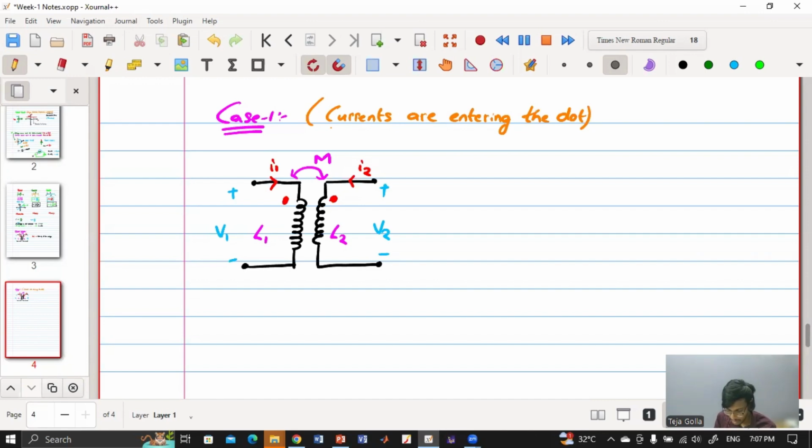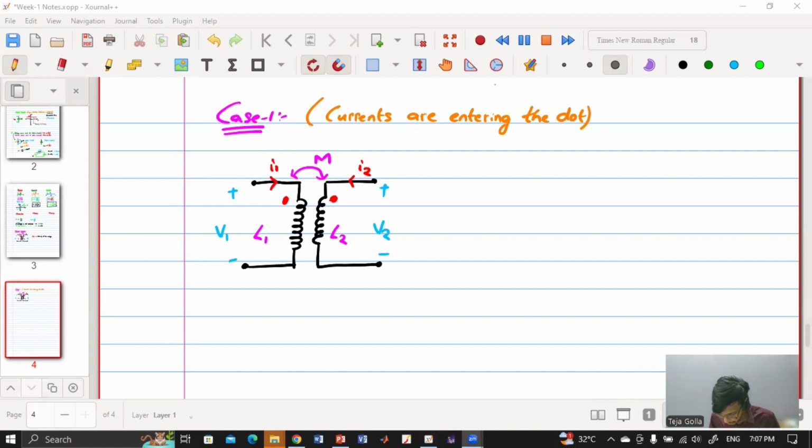I1 will induce some voltage with some polarity. And because of I2 and the mutual inductance, there will be some voltage induced by this current in coil 1. Both will have the same polarity. In simple terms, polarity means the sign convention of the voltage.